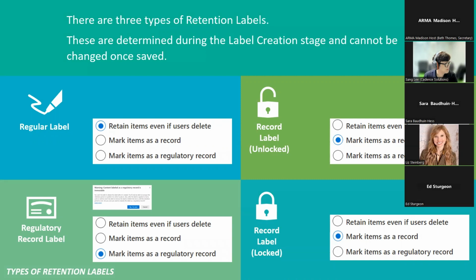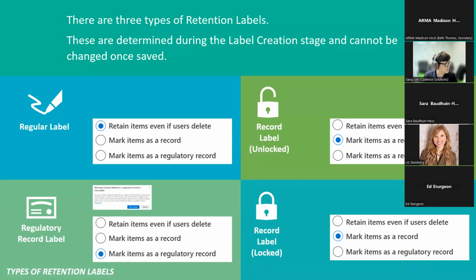The regular label is what you choose when you configure your retention label to retain items even if users delete them. What this means is that when end users delete an item that has a regular retention label applied, it gets deleted, so end users would think the document or the item is actually deleted.